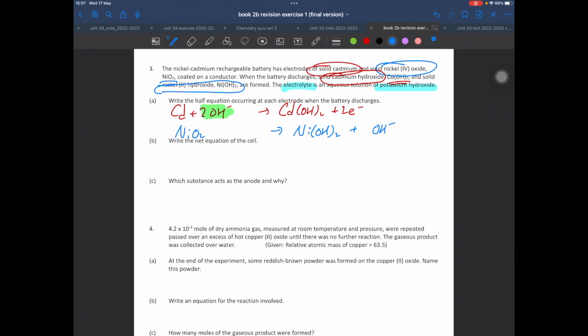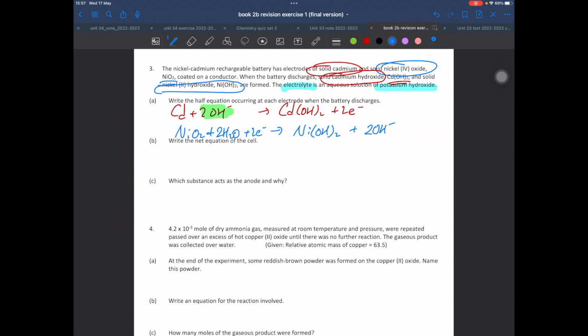That means something related to hydrogen should appear in left hand side. And I'm sure you get the answer. Water is needed. And at the end, we produce 2 hydroxide ions. And don't forget, 2 electrons will be accepted here. And we finish the ionic half equations.